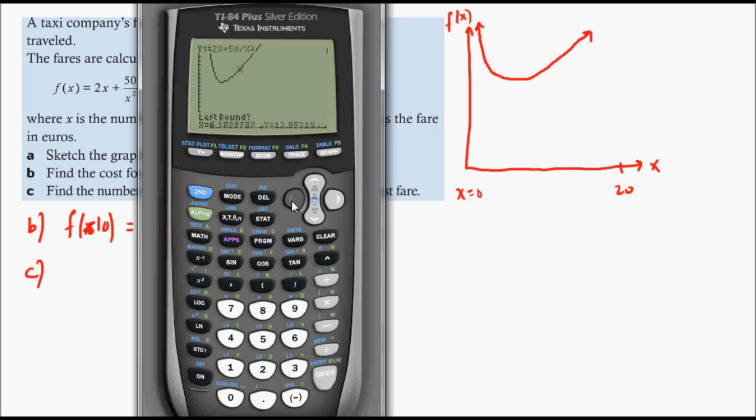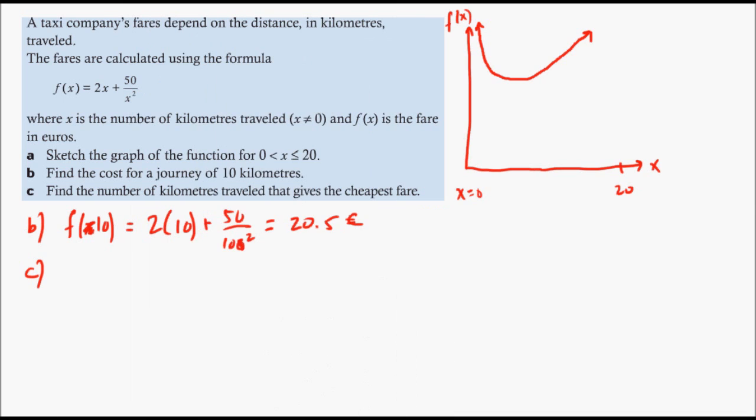I'll go to the left of the minimum, the left bound, then to the right of the minimum, the right bound, and guess, and it's 3.68. So basically you want to go 3.68 kilometers to get the minimum. Don't forget your labels. So that gives you the cheapest fare.